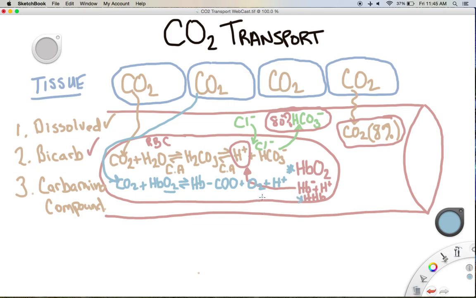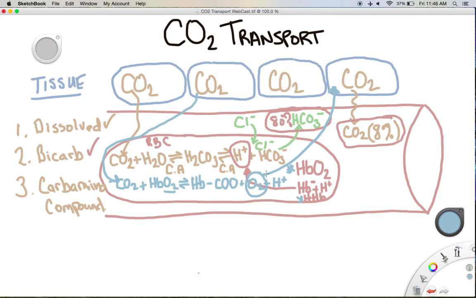Now, what this does, this molecule needs to get up to the tissue. That's the whole purpose of internal respiration. We need that oxygen molecule to get up into the tissue so that we can utilize it, make ATP, and undergo cellular metabolism and respiration.